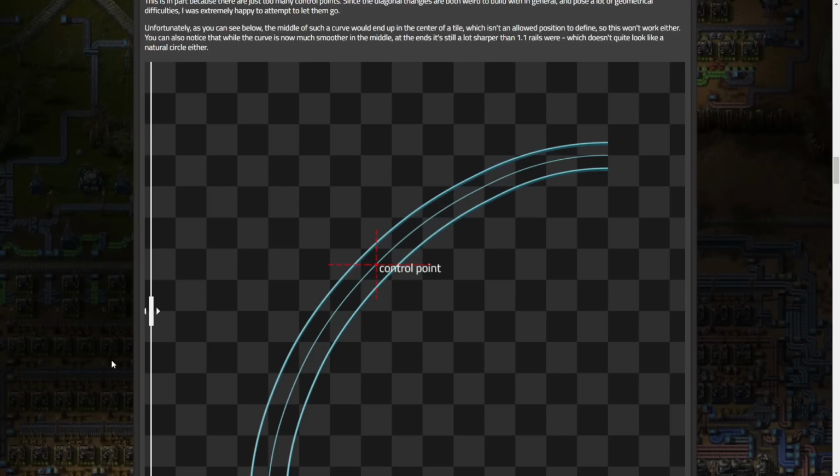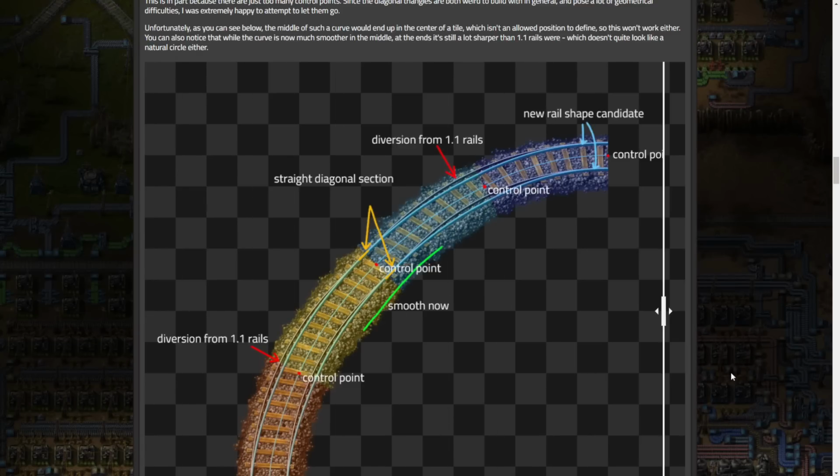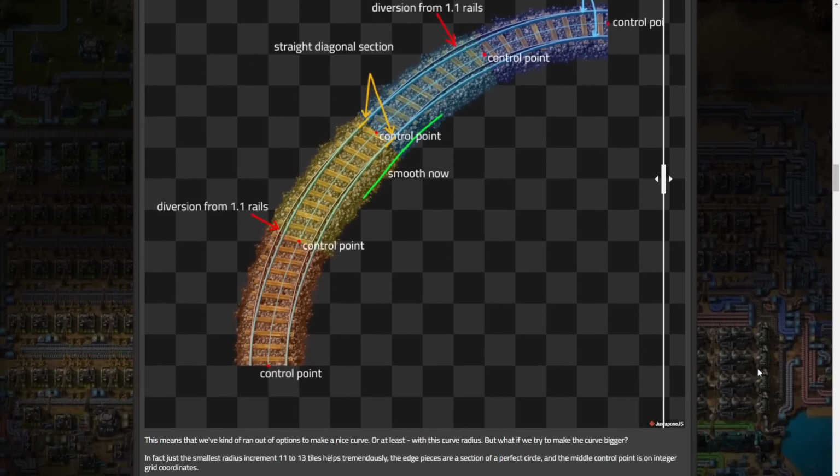You can also notice that while the curve is now much smoother in the middle, at the ends it's still a lot sharper than 1.1 rails, which doesn't quite look natural either. I don't personally notice the issue at the ends, but you can definitely see that blue outline does not line up with the actual rail there, so it's still kind of off.